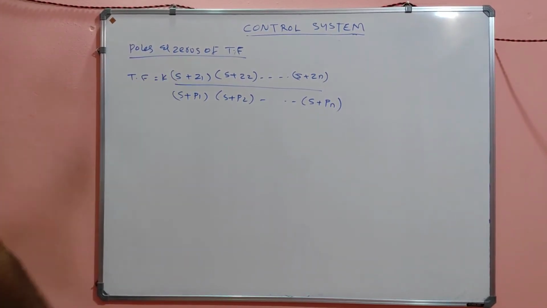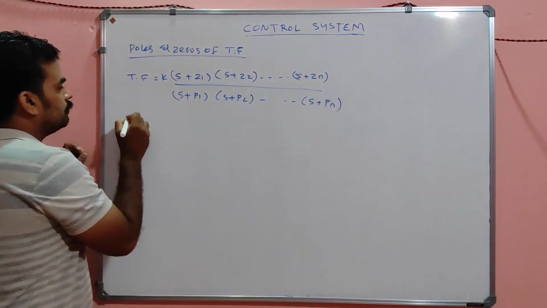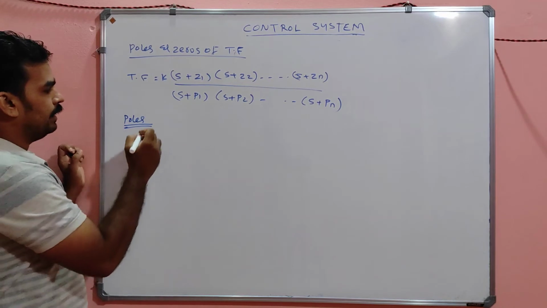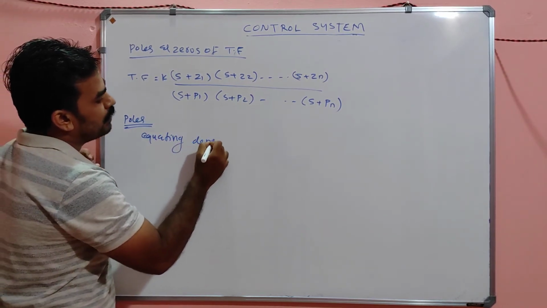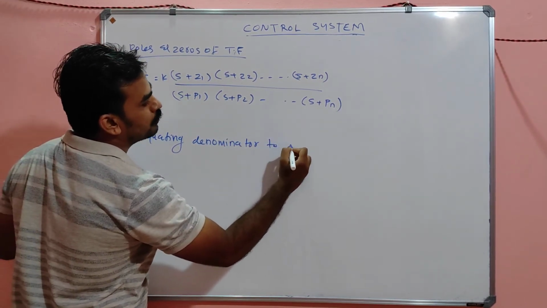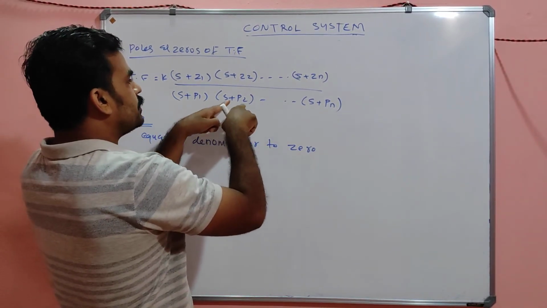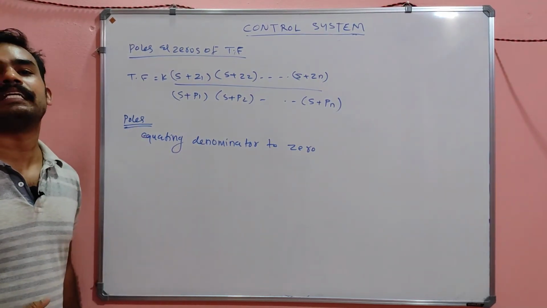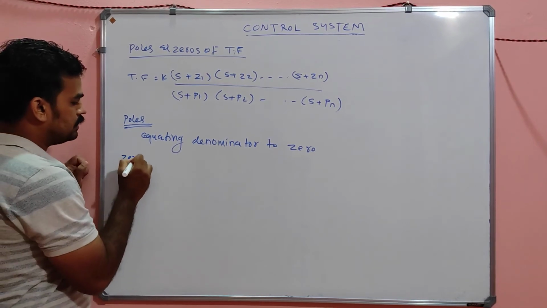This is the general representation of a transfer function. You can find poles by equating the denominator to 0. That means if you set s plus p1 into s plus p2 and so on equal to 0 and find the solution for s, it will give you the poles.